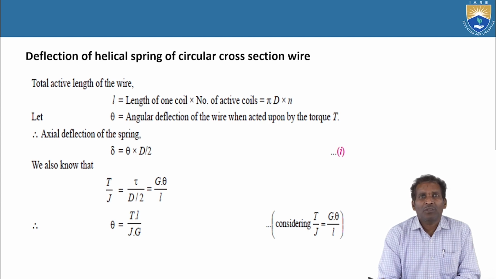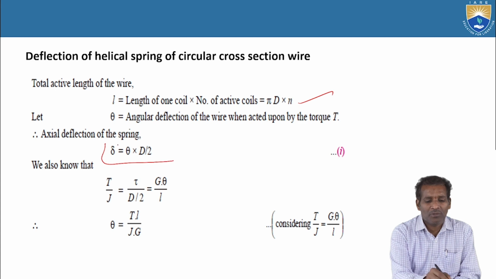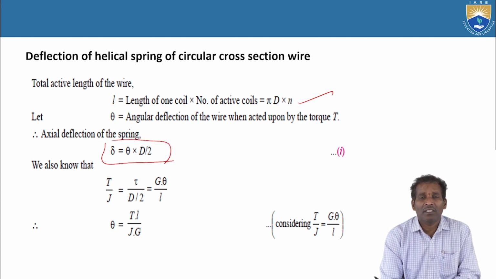Next, deflection. How do you calculate the deflection of a helical spring of circular cross-section wire? Here we have considered only circular cross-section. Let us assume some length of one coil and multiply by the number of active coils, as pi D into n, and theta is the angular deflection of the wire when acted upon by the torque T. The axial deflection of the spring is equal to theta multiplied by D by 2.